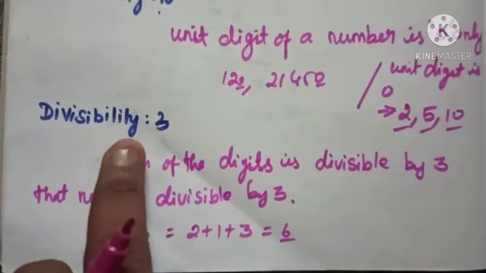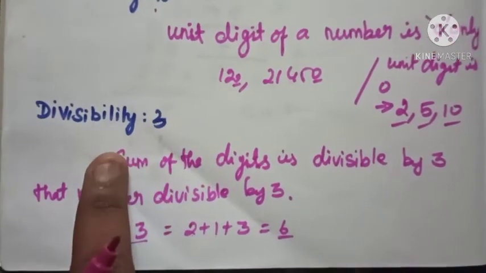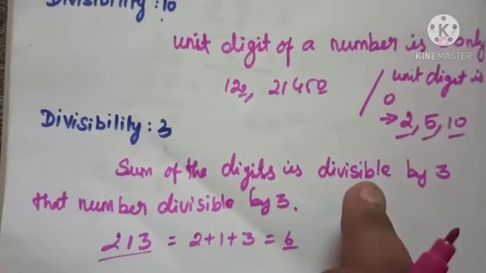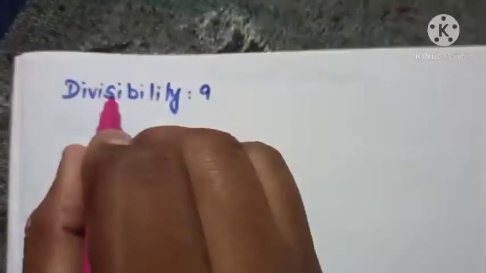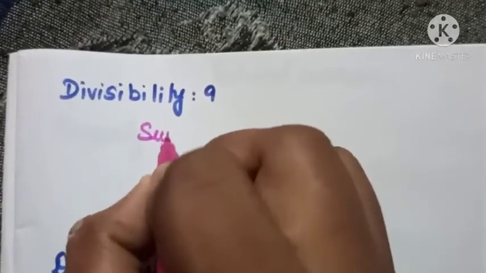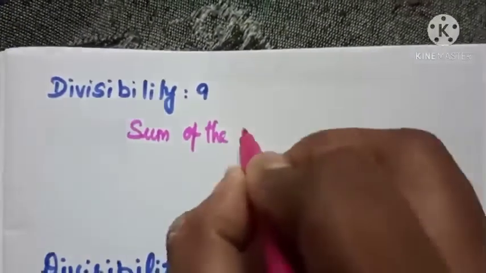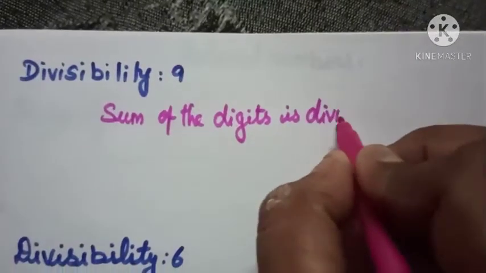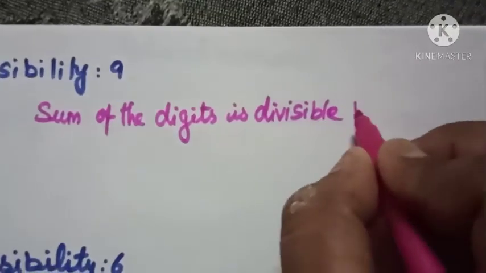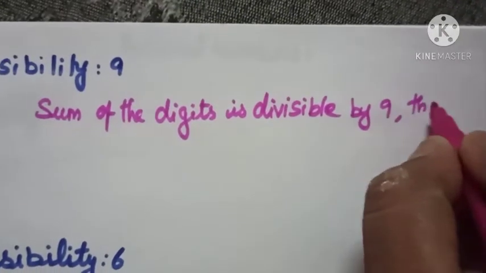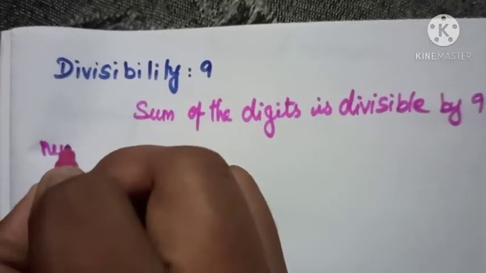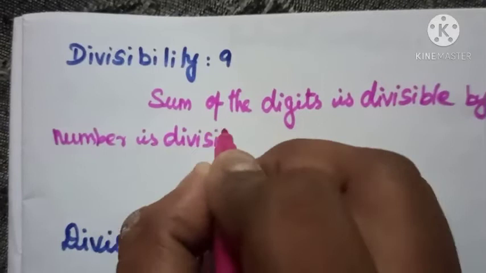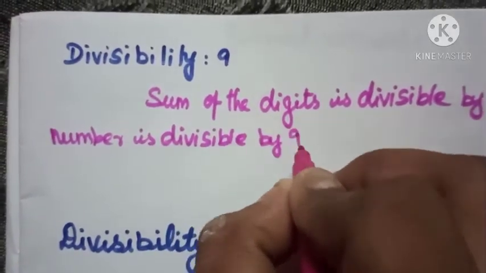By comparing, divisibility rule 3 is the same as divisibility rule 9. If the sum of the digits is divisible by 9, that number is divisible by 9. So divisibility 9: the sum of the digits is divisible by 9, that number is divisible by 9.